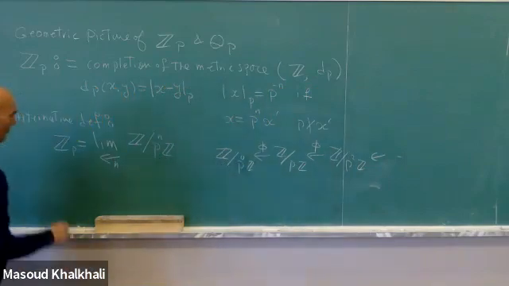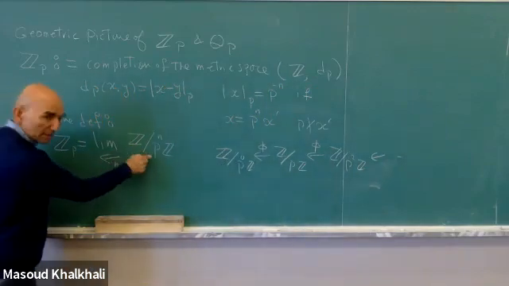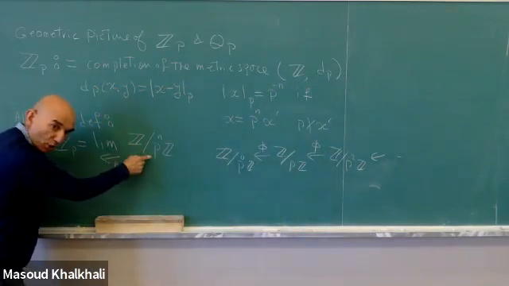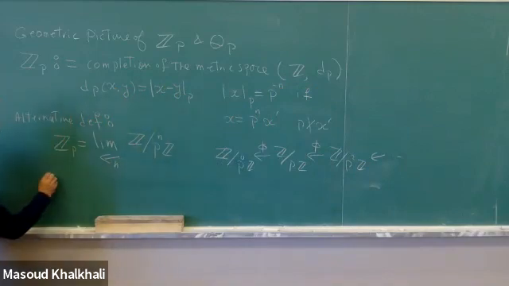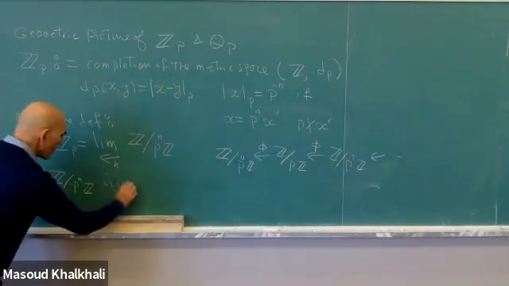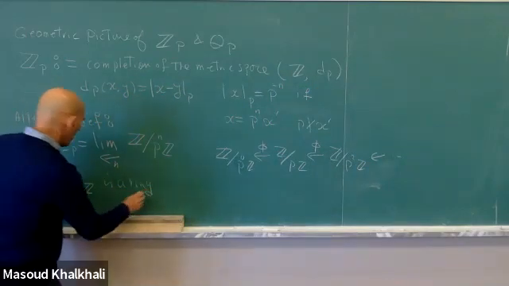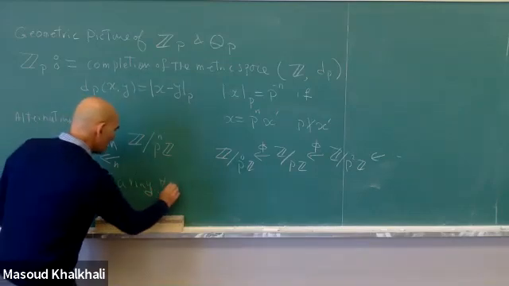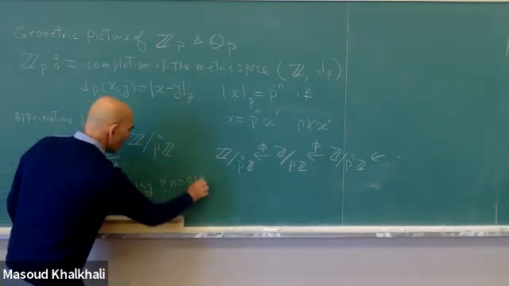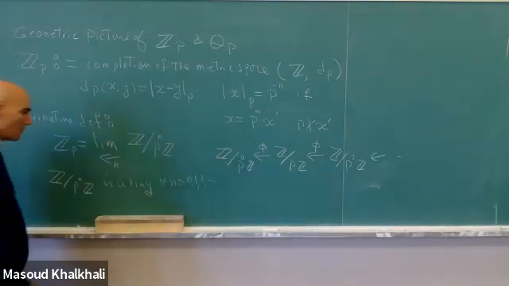What we have to notice is that each of these things are rings. Z over p^n Z is definitely a ring. It's a commutative ring with 1 for any n equal to 0, 1, and so on.